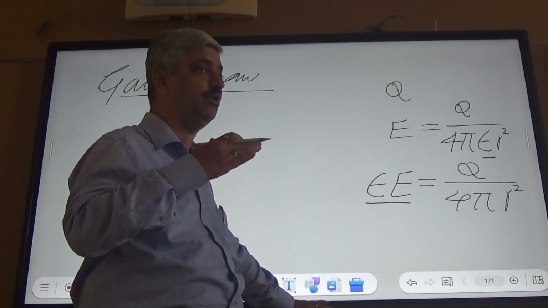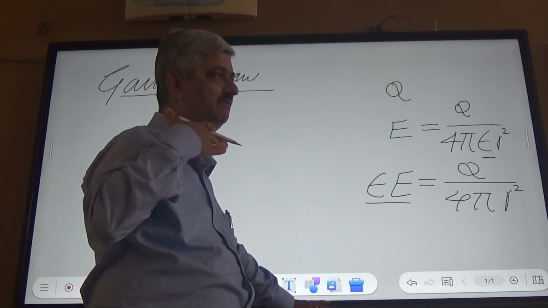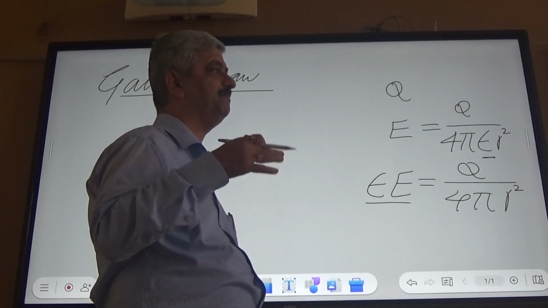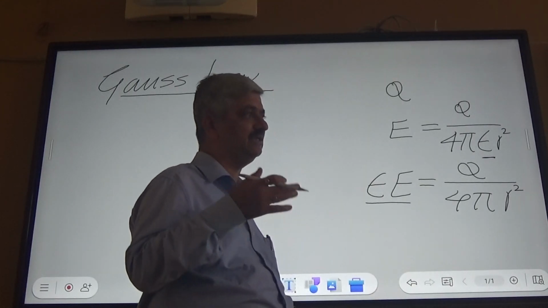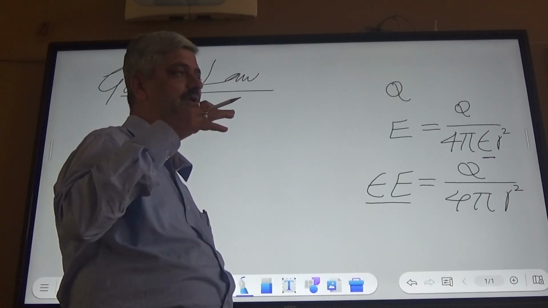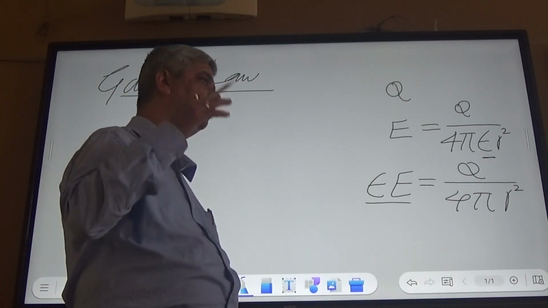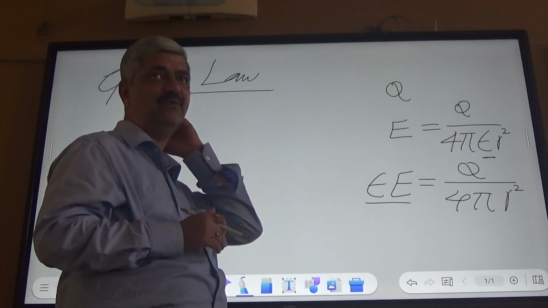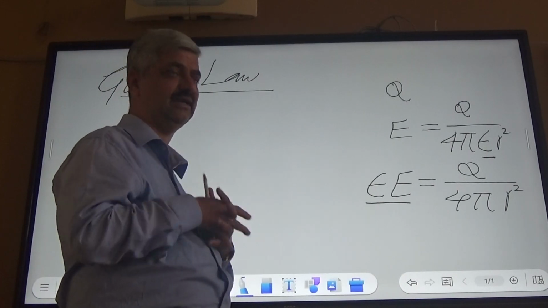The Gauss law, what you have studied in junior college days, we will refine it to a point form, and for that we will need derivations of vector calculus, that is divergence. Then for electric potential we will need gradient, and we will be needing curl also in some other case. Curl, divergence and gradient are quite significant terms in vector calculus.